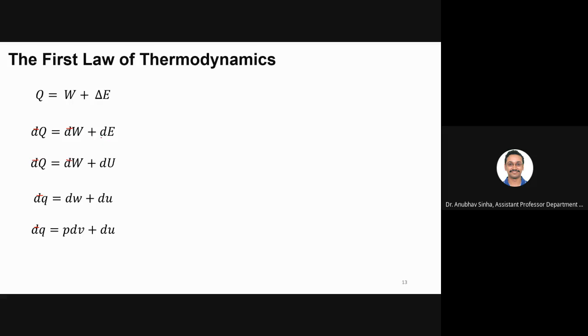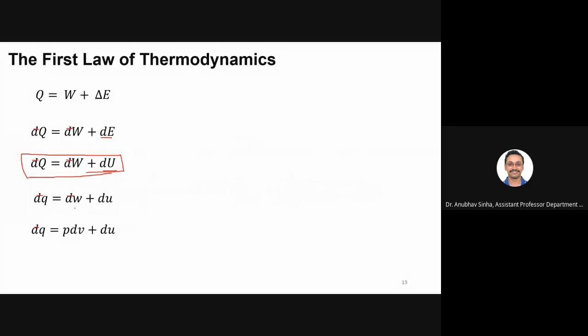So dE is correct, dU is correct, but work and heat we have to write it like this. So these are the different forms of the first law of thermodynamics. These are the same statement for the same law. There's no difference, only we are writing in different forms. This is the form which we will mostly use.